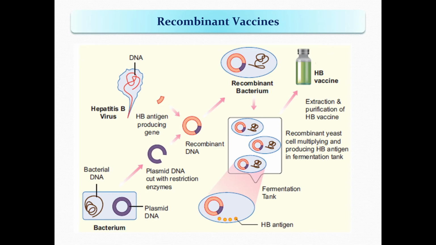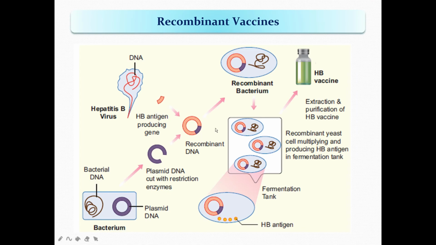Recombivax or Engerix B. India is the fourth country in the world after USA, France and Belgium to develop this indigenous hepatitis B vaccine. The hepatitis B DNA gene is isolated from the virus and it is incorporated into the plasmid of E. coli, and this becomes the recombinant bacterium.